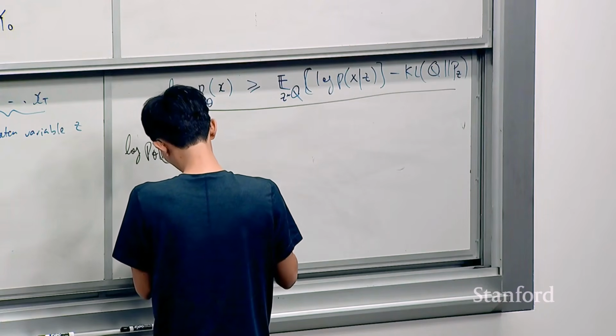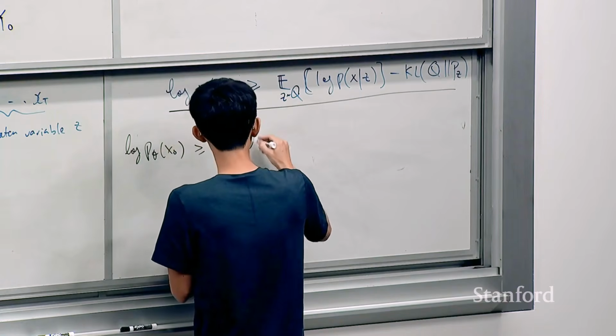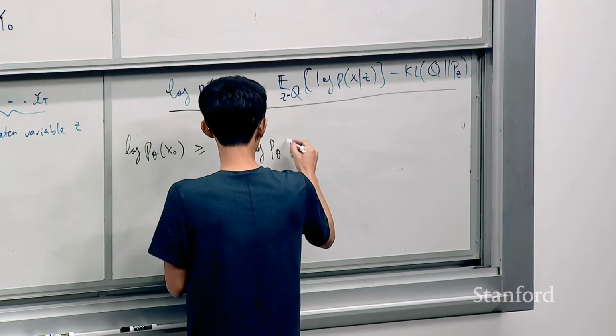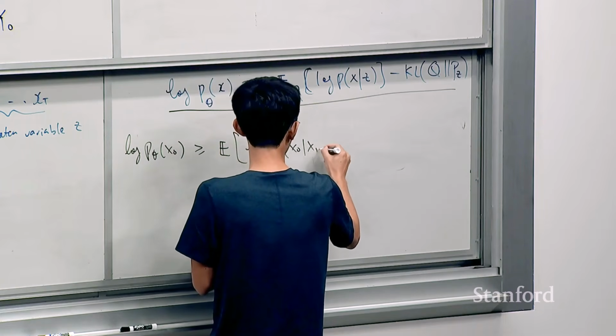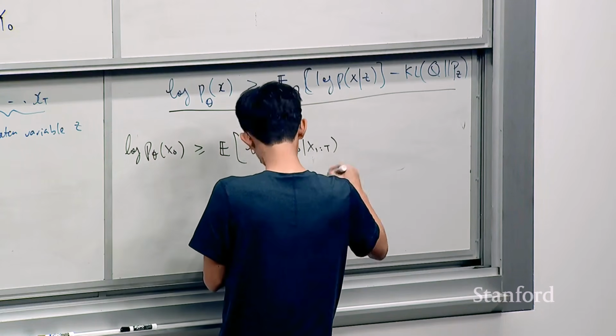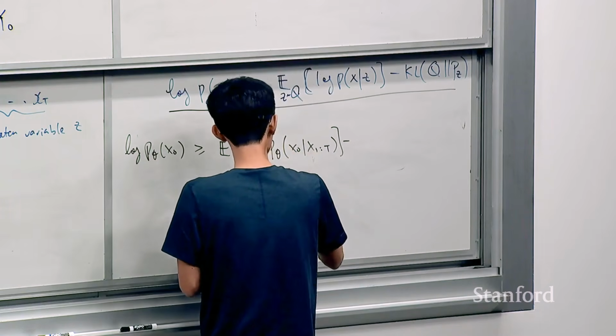So this is larger than the expectation of the reconstruction loss, which is log p theta. What is x? x is x0. What is z? z is x1 up to xt. Minus the KL. So the KL between what?